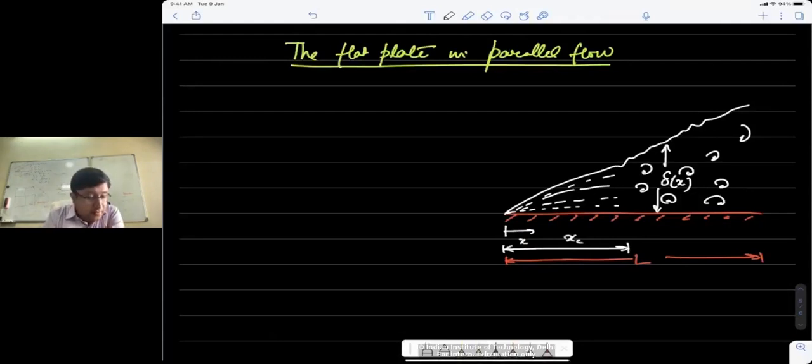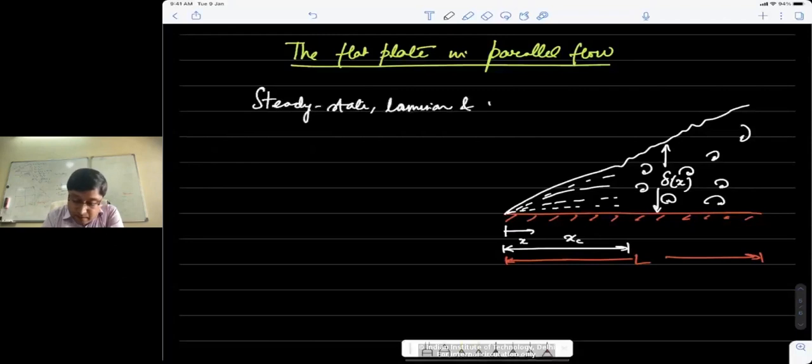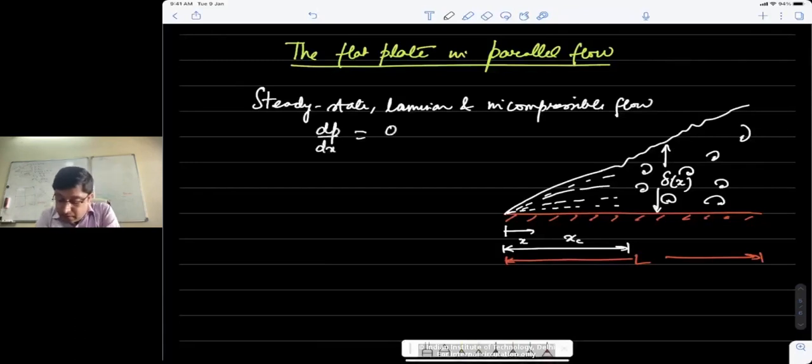So for a flat plate, and I'm dealing with laminar flow, so let's deal with steady state, laminar and incompressible flow. For such a flow, dp dx is 0. In this case, for a flat plate, I should say, flow over a flat plate happens without any pressure gradient, so dp dx is 0.